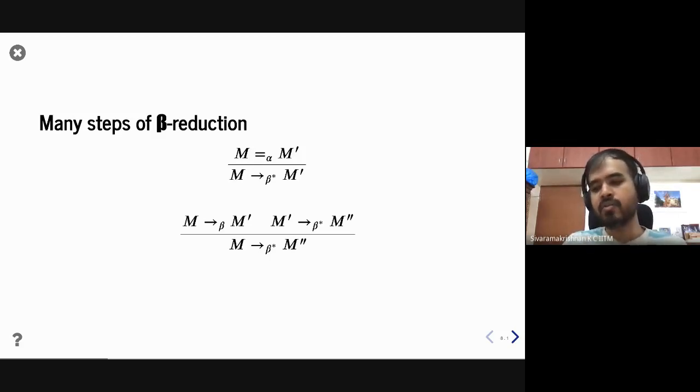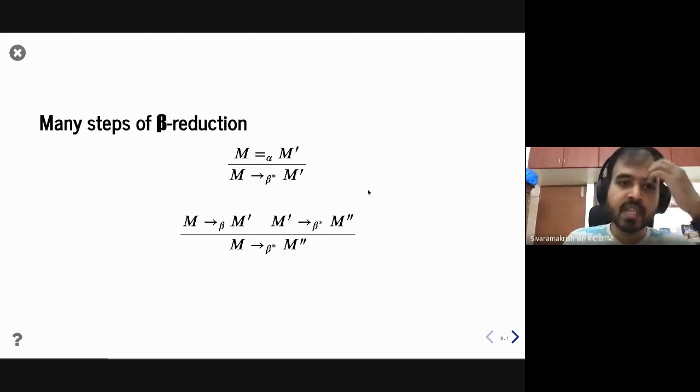If you think about walking down a linked list, how do you go from some starting node all the way to the end? If you can take a step to the second node and you can take a step all the way to the node that you are interested in, then you can traverse the path from the first node to the node that you're interested in, right? So that's the definition here.